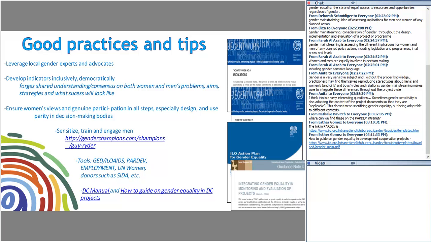Second tip is to develop indicators inclusively and democratically. We're obviously not going to sit with a couple of heads of the constituents in the capital and come up with what we think might be great indicators for success.